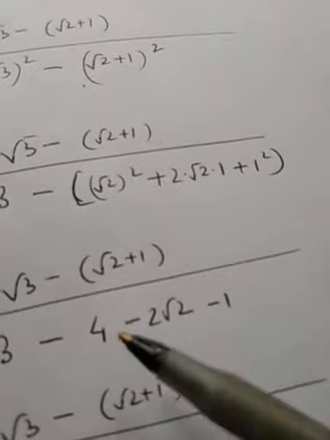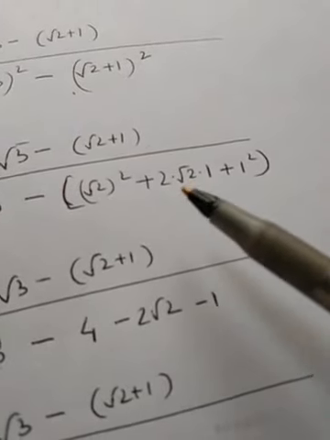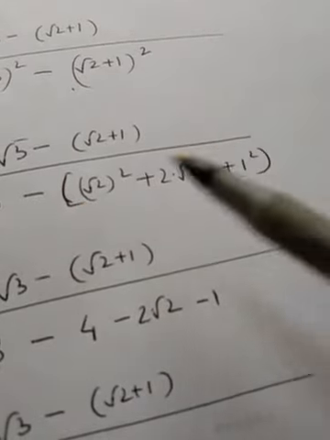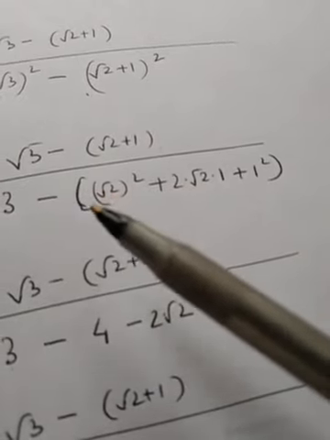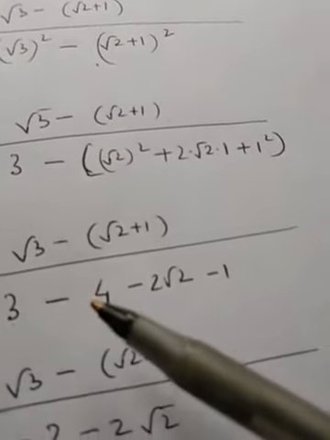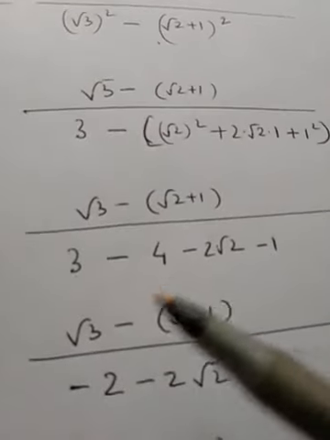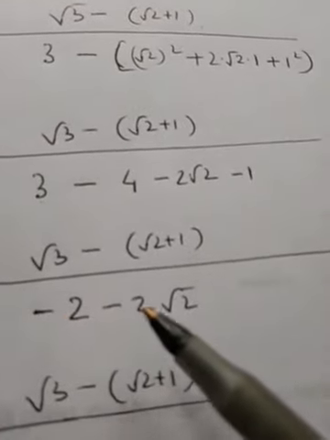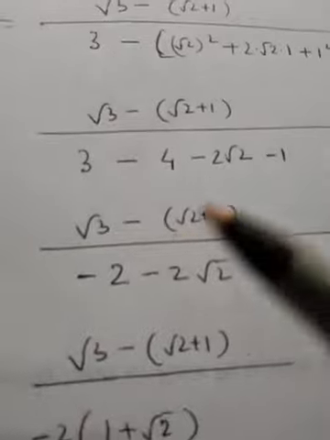Then simplified, root 2 square is 2, then this will become 2 root 2 only, and 1 square is 1. Then we have removed the root over this bracket, and then due to this minus sign, all signs will change. So minus 4, and this will become minus, this will also become minus.